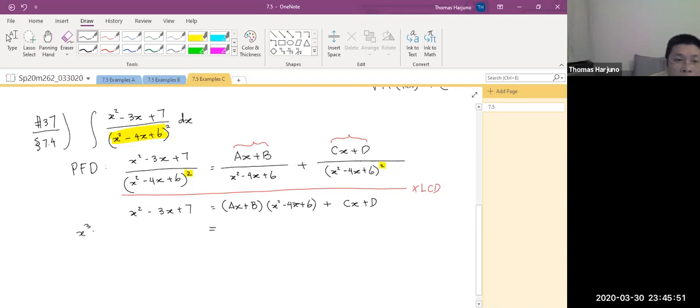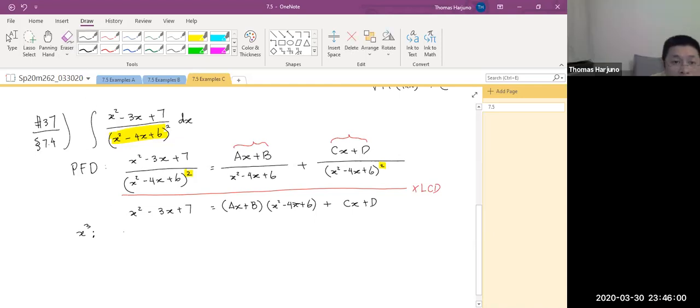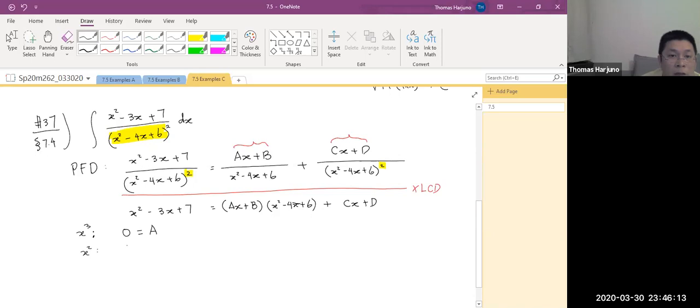For x cubed on the left-hand side, we don't have x cubed, so it is 0. But on the right-hand side, we will have only a x cubed. So a is 0. For x squared, on the left-hand side, it's 1.